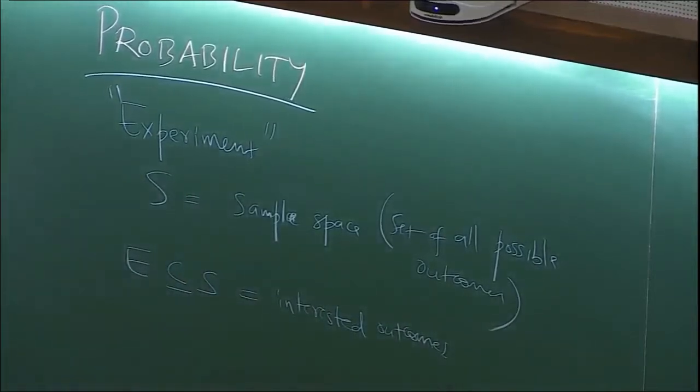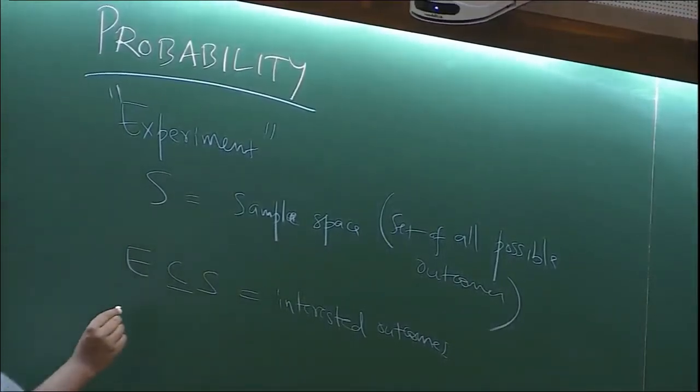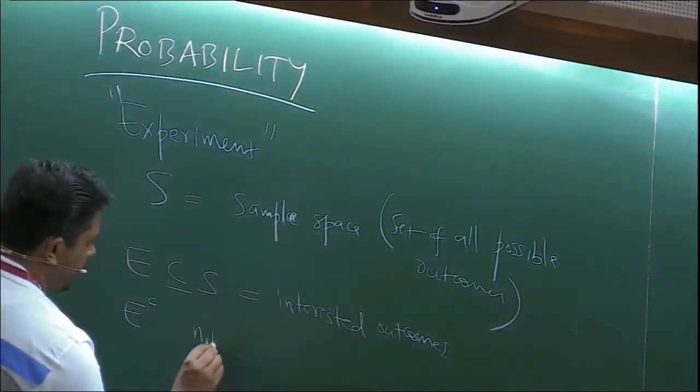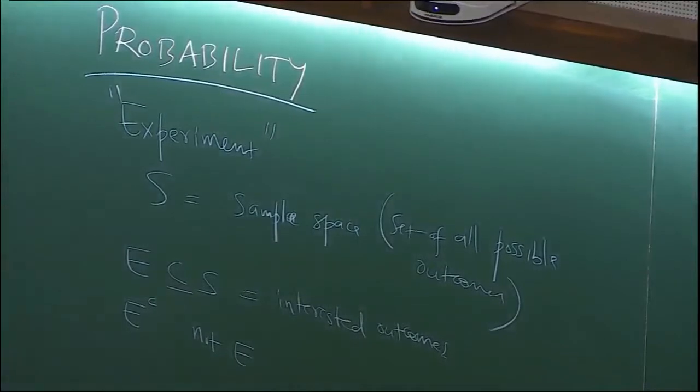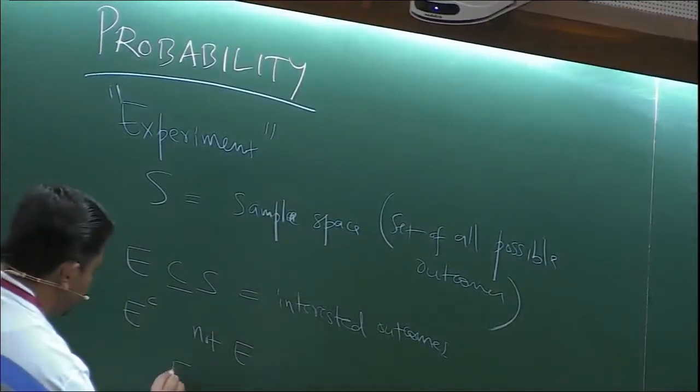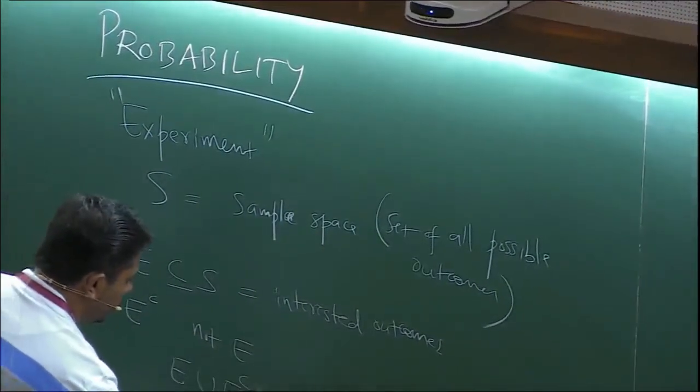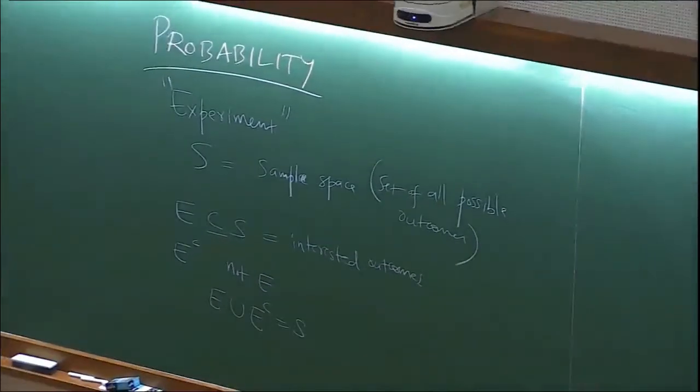So for a given set of events E and F, you can define the following things, which are basic high school constructs. One is to define the complement of E, which is all of S that is not E. Essentially E union E complement will be the whole space again.